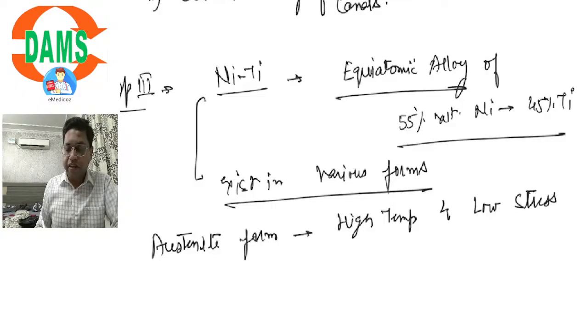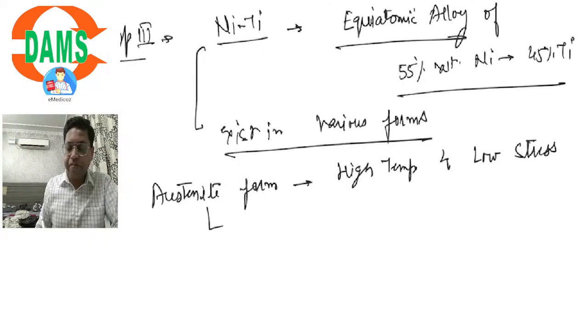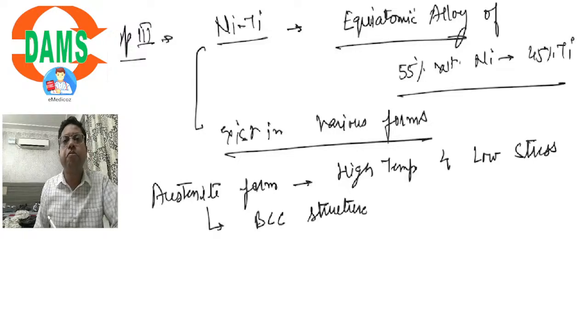This austenite form of nickel titanium has a body-centered cubic structure, BCC, or body-centered cubic crystal structure.